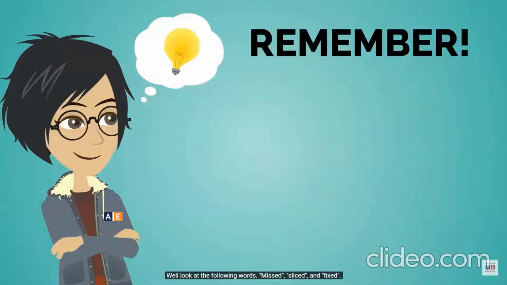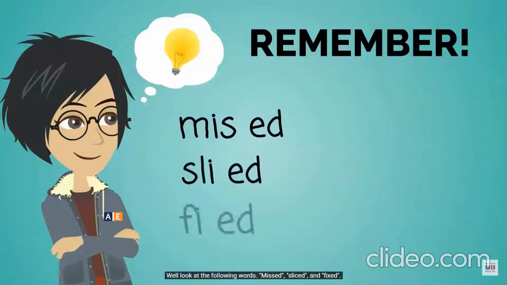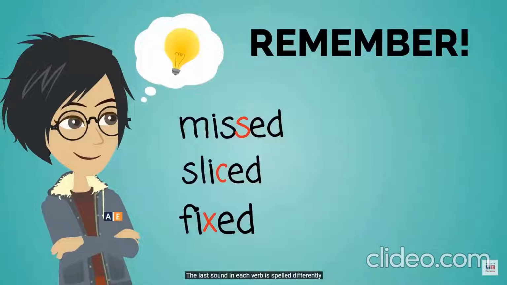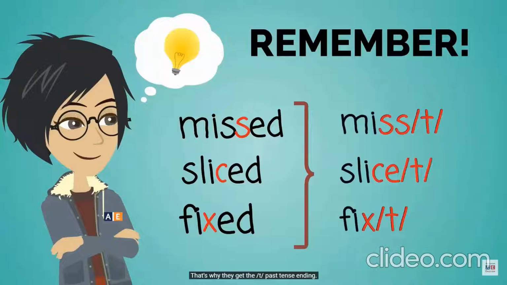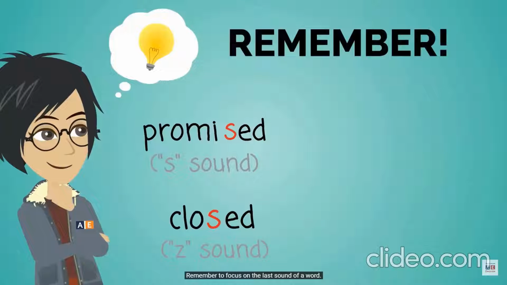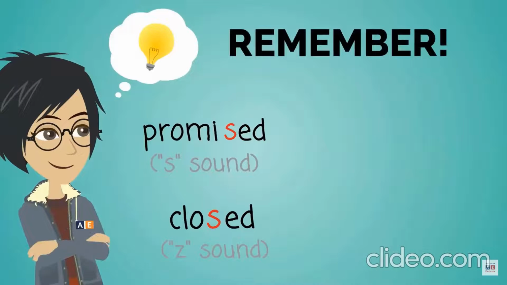Well, look at the following words: missed, sliced, and fixed. The last sound in each verb is spelled differently, but they all make the s sound. That's why they get the t past tense ending. Remember to focus on the last sound of a word.